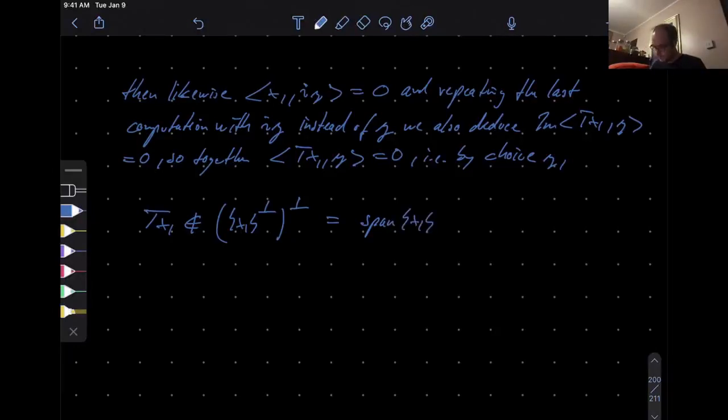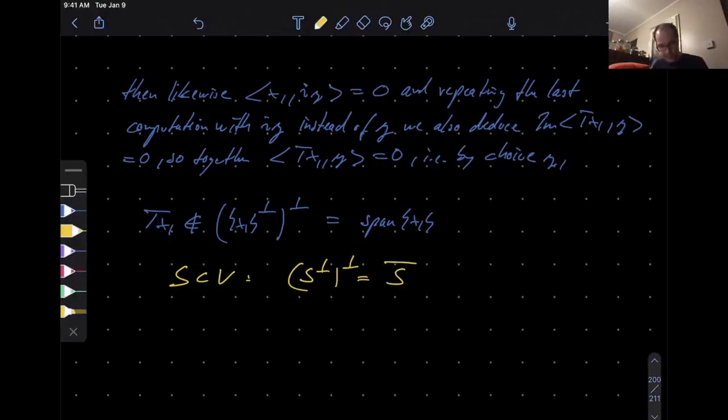Okay, maybe let's write this here. So if you have a subspace S in an inner product space V, and you take the orthogonal complement of the orthogonal complement, you get the closure. This was an exercise.